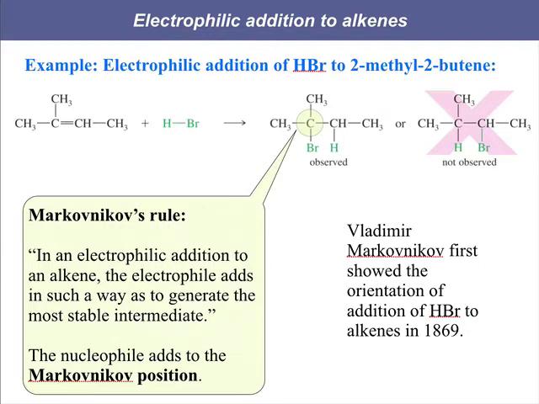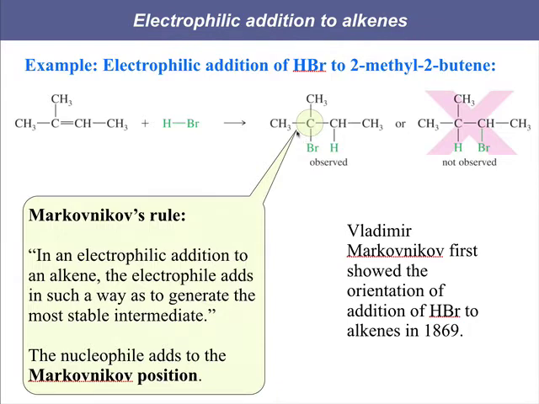We call this the Markovnikov position, the position that gets the halogen, basically the most substituted position involving the double bond. This one right here is di-substituted, this is mono-substituted. Whichever side is most substituted gets the halogen. We call that the Markovnikov position.